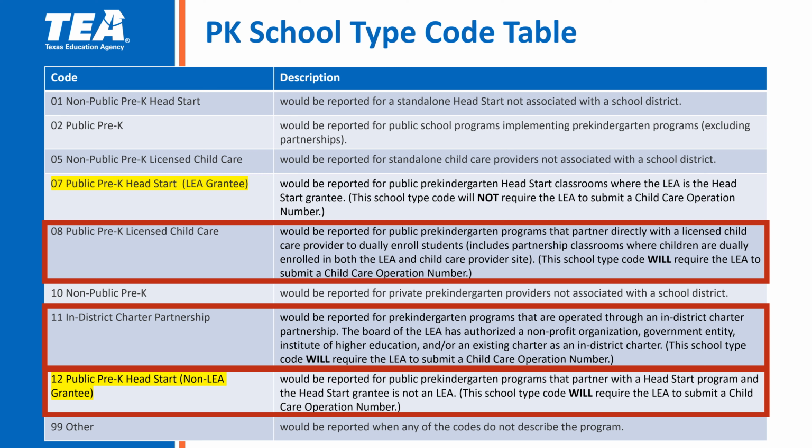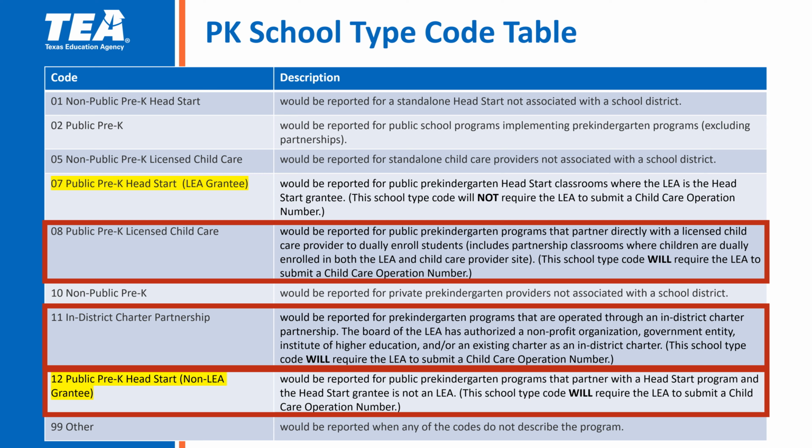On the slide, you will see codes 07 and 12 have been highlighted in yellow to call attention to the update. The various types of pre-kindergarten partnerships are boxed with red on this slide and include codes 08, 11, and 12. It is especially important for LEAs to select the correct pre-K school type code to properly identify the various classroom types at the LEA.